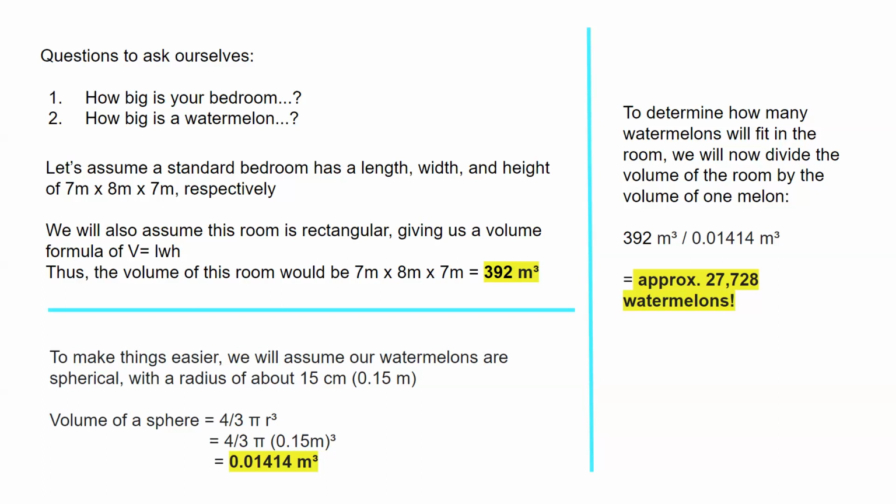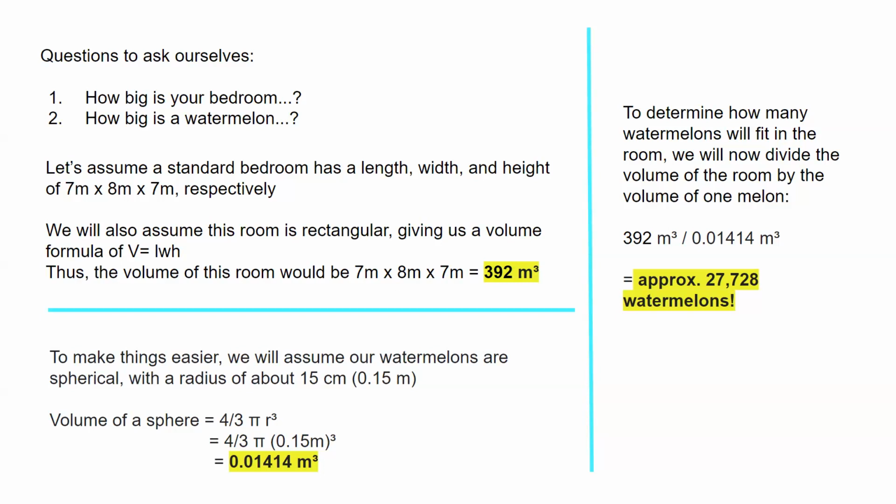So we're going to assume that they are spherical, so it's helpful to know the volume of a sphere formula. And we're going to estimate that their radius is 15 centimeters. So based on that, we've got numbers. And another helpful tip in physics: for problems, in the beginning it's helpful to go through questions and try to come to a number, but oftentimes that can take up a lot of time.